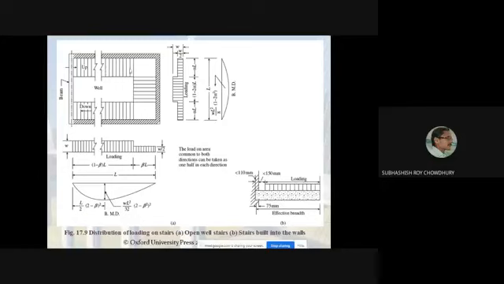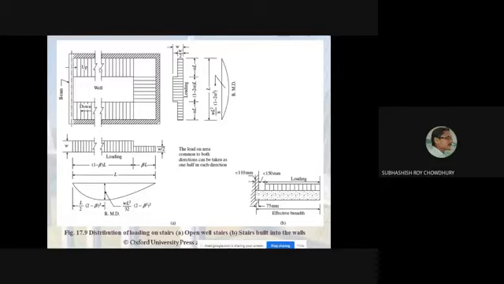This is one flight, this is another flight, and this is another flight. Obviously some UDL will be acting over this inclined waist slab part. Along with that, there will be UDL over this landing.